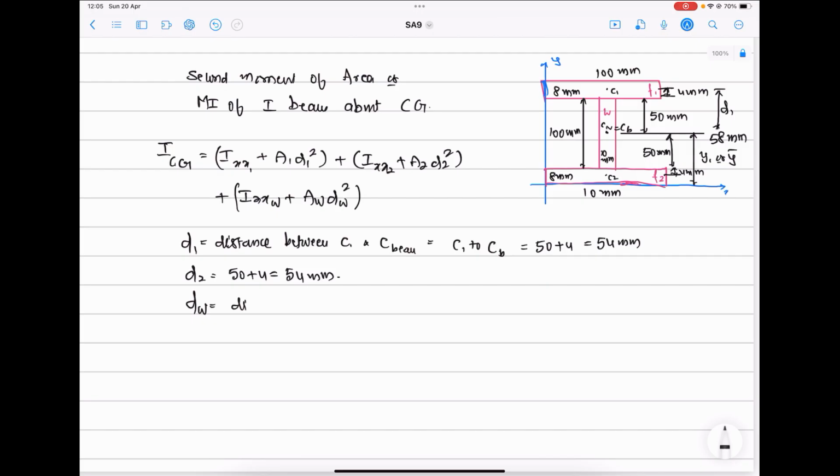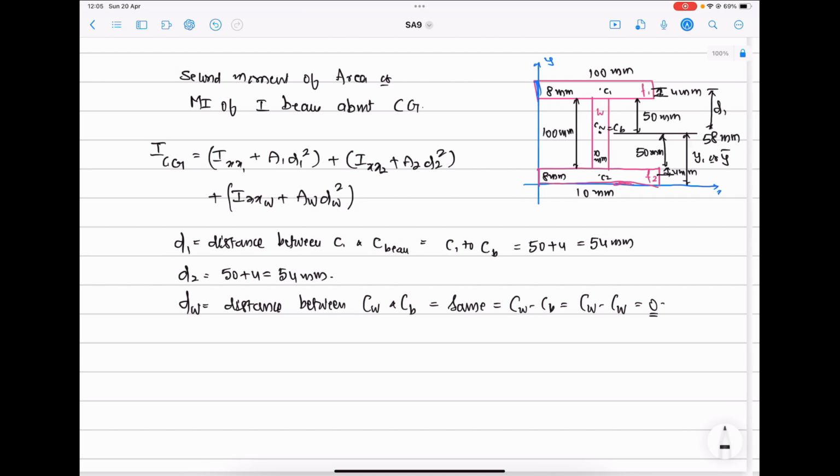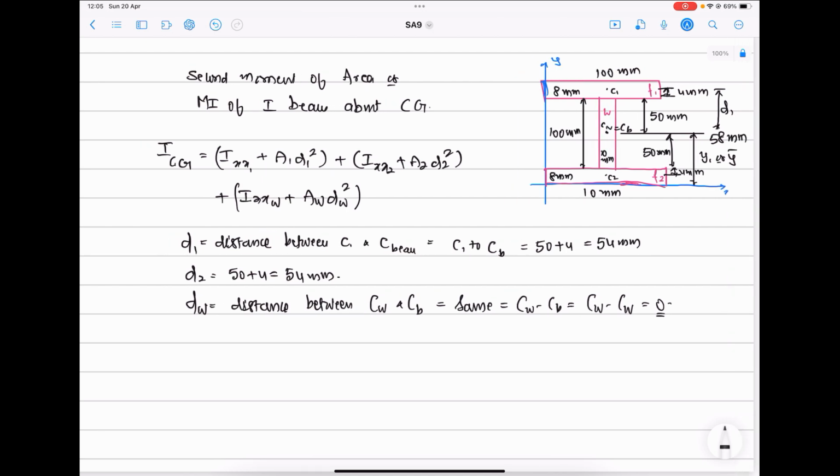That means the distance between CW and CB is CW minus CB, which is CW minus CW, equal to 0. Because they are lying at the same point, the distance between them is 0. Now we will apply these values in ICG.